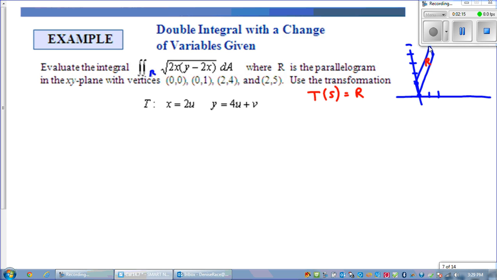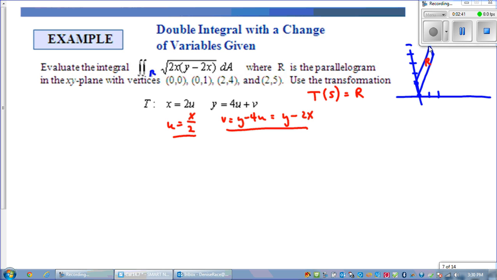Well, that means then that u would be x over 2. Okay, we need to find the v. v would be y minus 4u, but that would be y minus 2x, just replacing the u with x over 2. So we can get u and v from x, y.